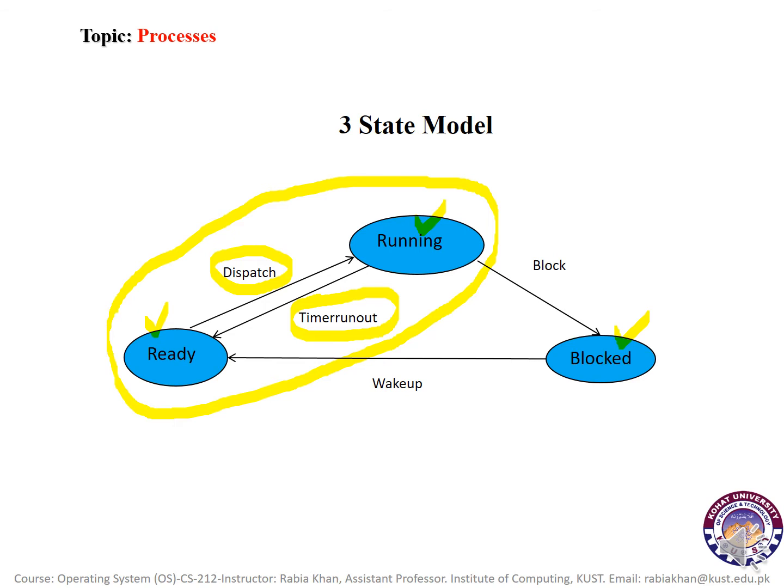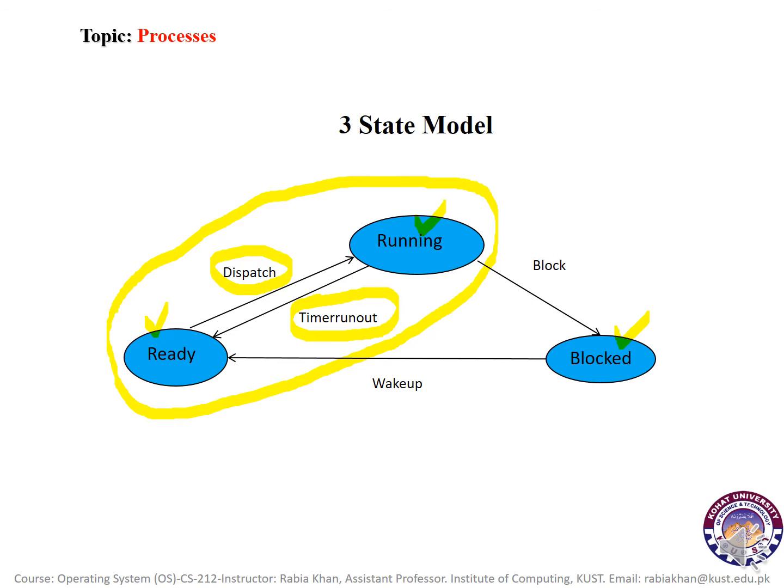Until the user gives it input, the process will not continue its execution. So from the running state, we reach the block state as the process requires some event to happen, and the event is only known when the process is executing on the processor.